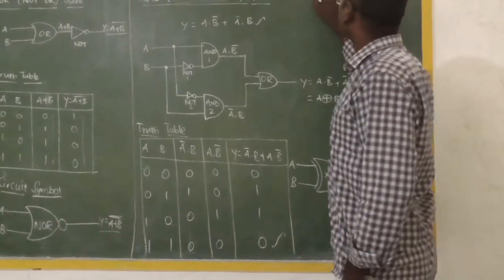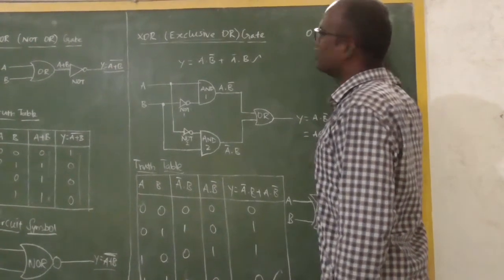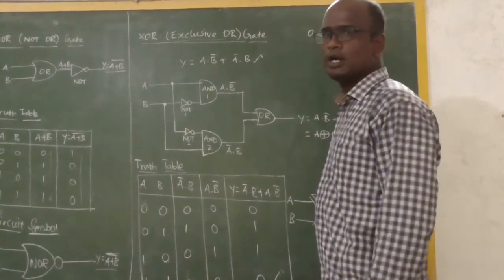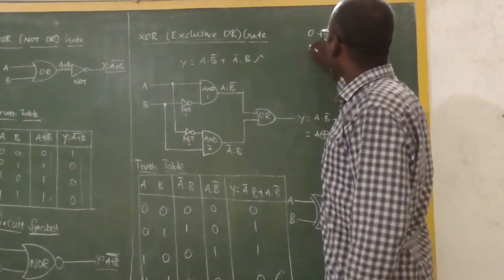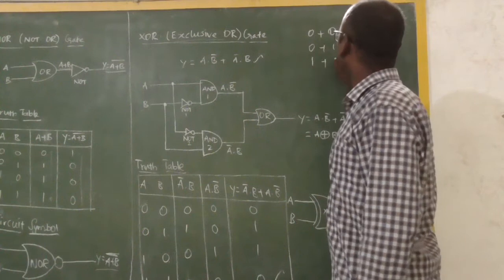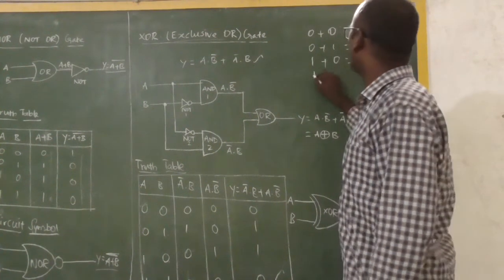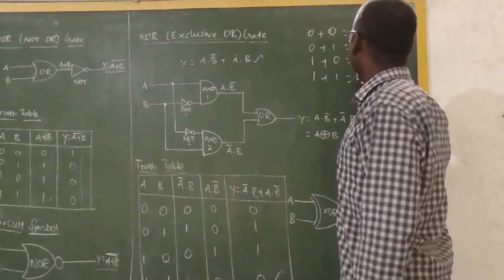We know the result of an OR gate: 0 or 0 is 0, 0 or 1 is 1, 1 or 0 is 1, and 1 or 1 is also 1.